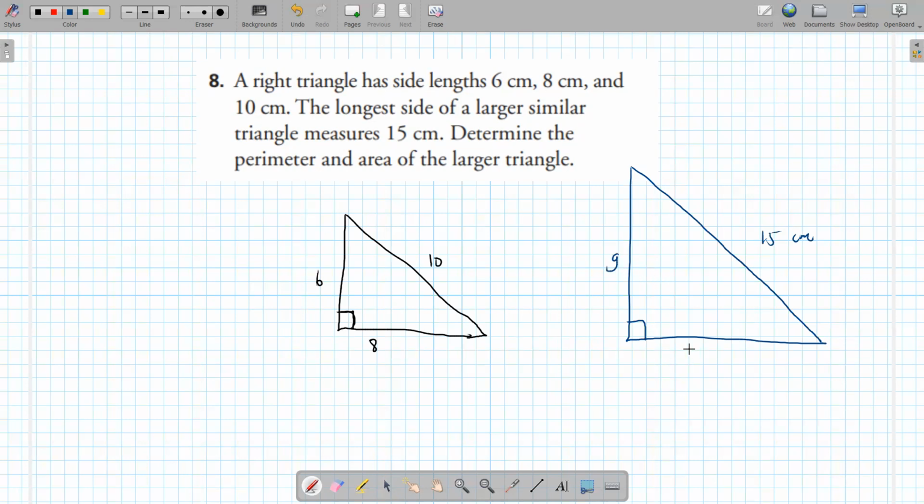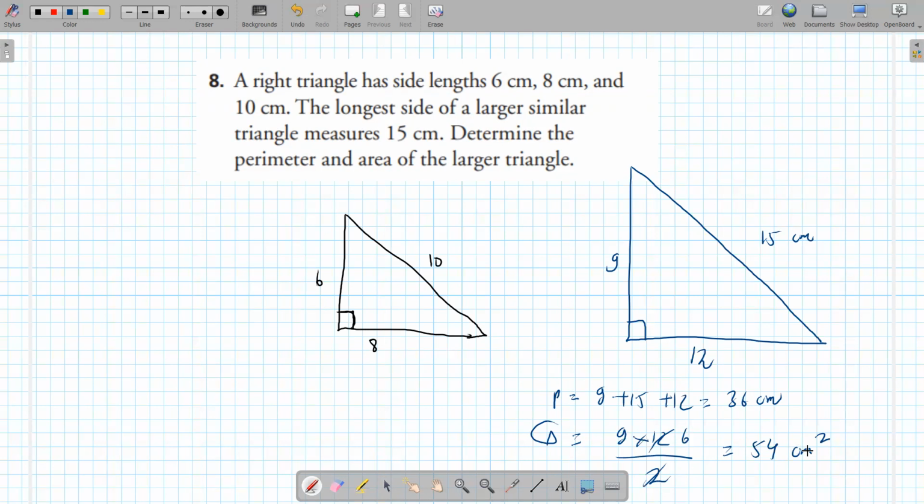It'll be 9. This will be 8 times 1.5, which is 12. It's asking you for the perimeter. Just add 3 sides up. So that's 9 plus 15 plus 12. 24 plus 12 is 36 centimeters. And for the area, it's just going to be 9 times 12 over 2, which is 54 centimeters squared.